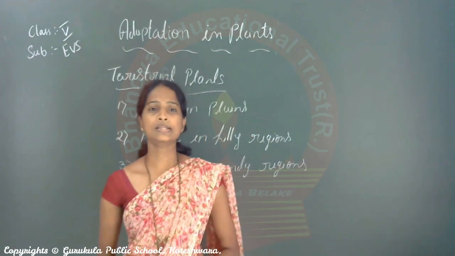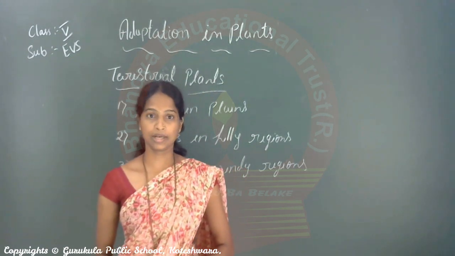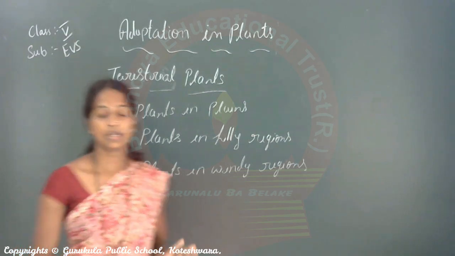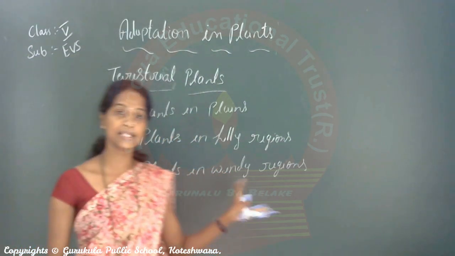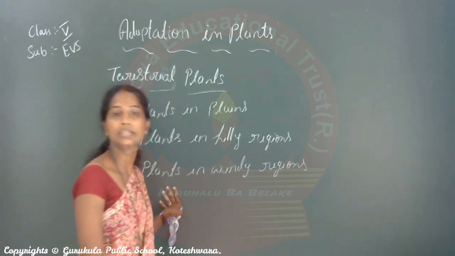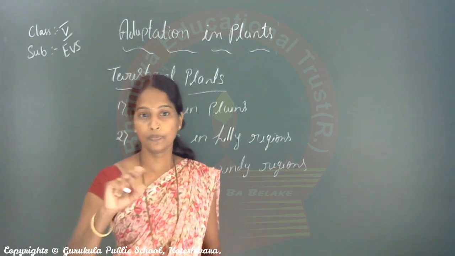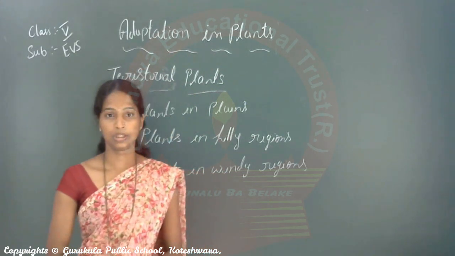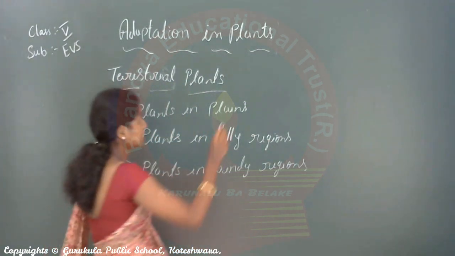Windy regions include places such as grasslands. The plants which grow in windy regions have a flat-topped or umbrella shape, like these, children.